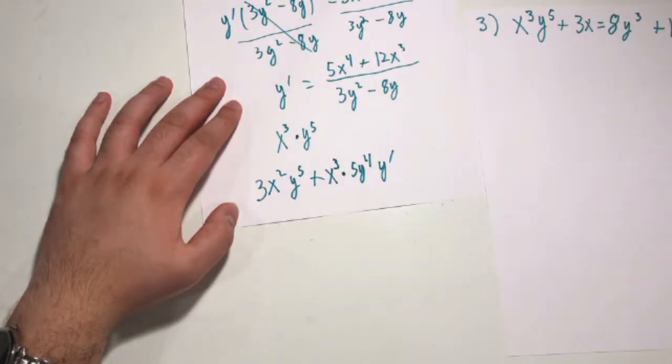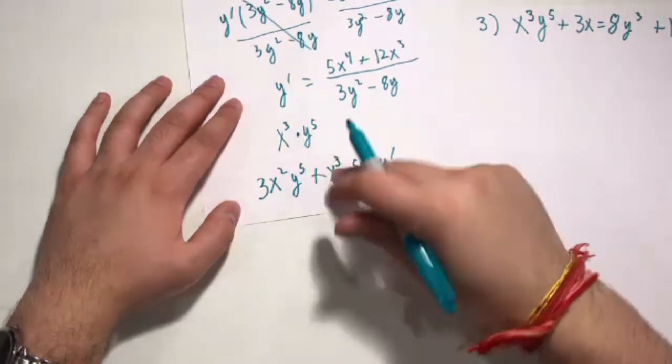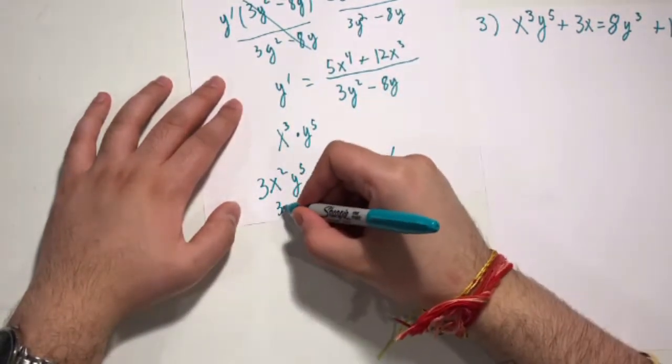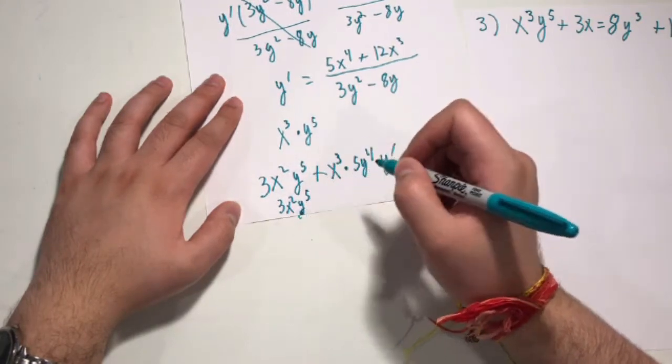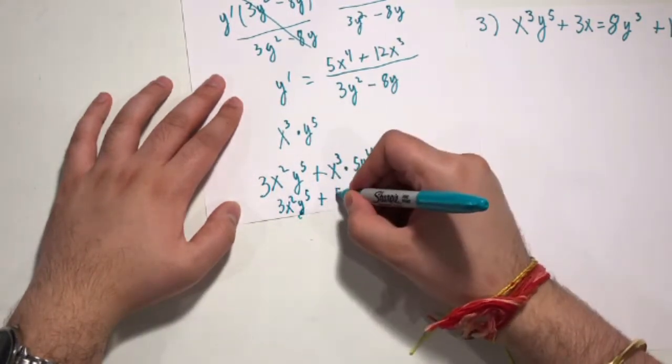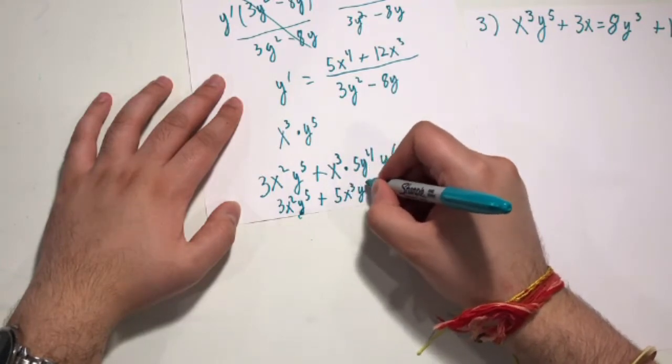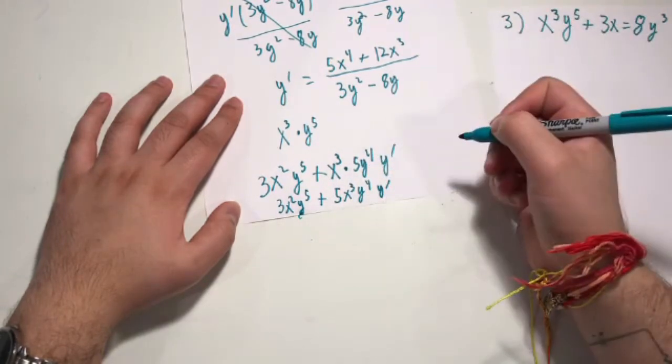Okay? And then from here, let's just condense it a little, combine this stuff. 3x squared y to the fifth plus 5x to the third y to the fourth y prime.